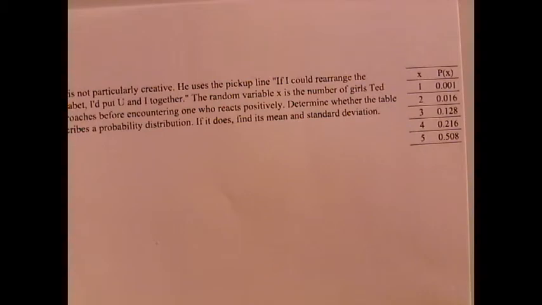Okay, so in this case here, we can see requirement number 1 is met, because each numerical random variable has a corresponding probability value associated with it. Now requirement number 2, the sum of the probabilities must equal 1.